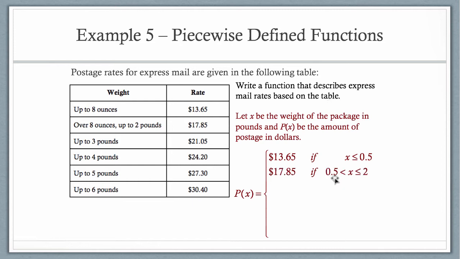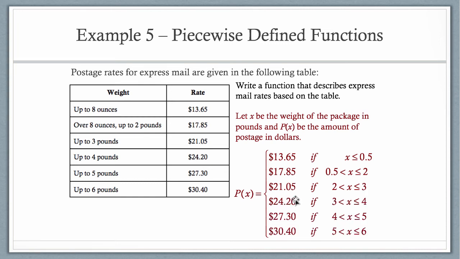If we're between a half a pound and up to 2 pounds, we're going to pay $17.85. If we're over 2 pounds but less than or equal to 3 pounds, we're going to pay $21.05. And you could see that same pattern for the rest of the function, up to 6 pounds.